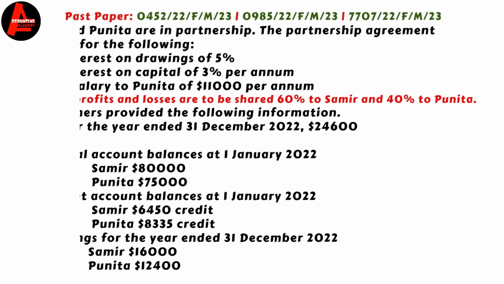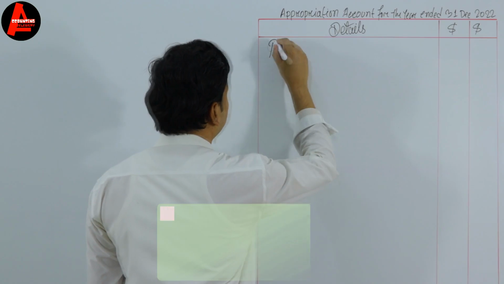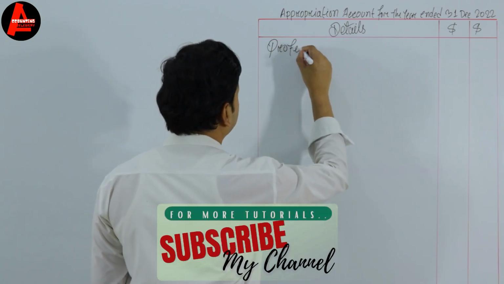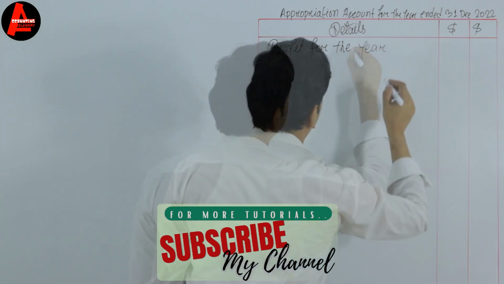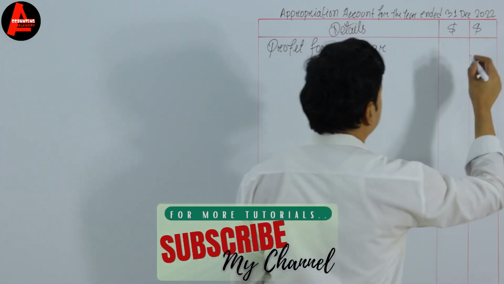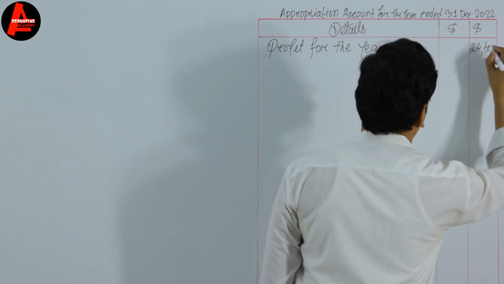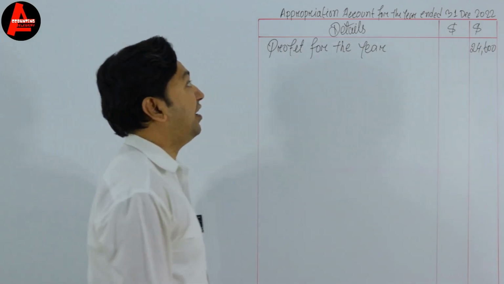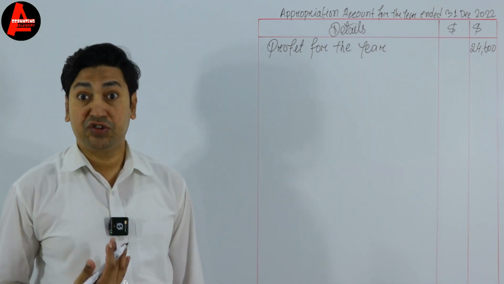Okay, so let us write here profit for the year first. We will write it in the outer column, $24,600.